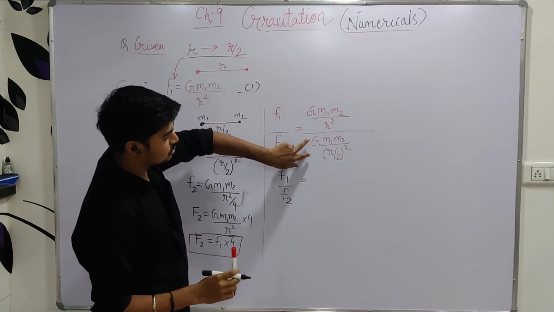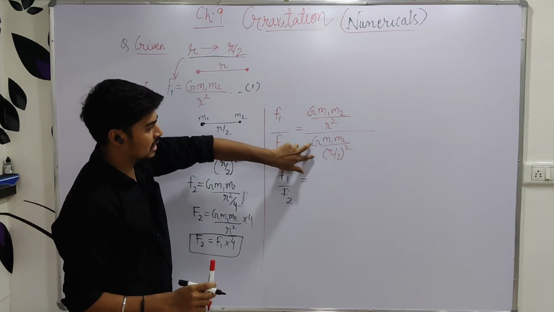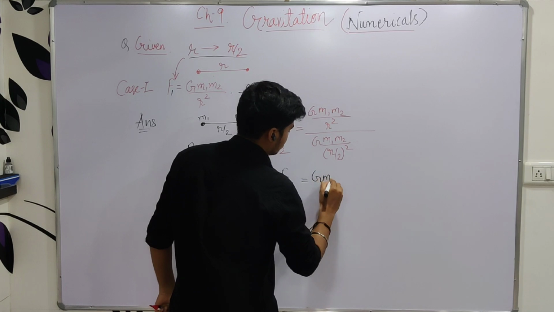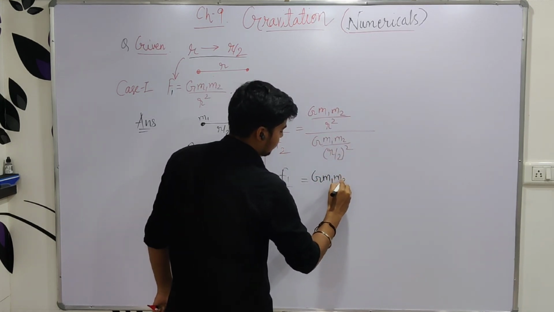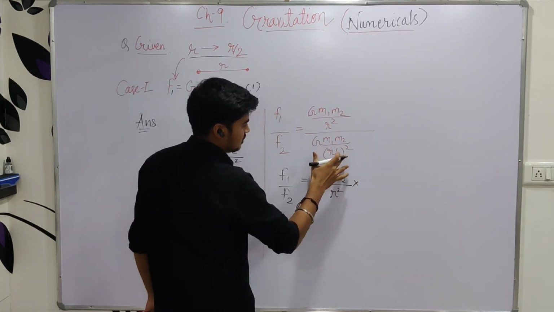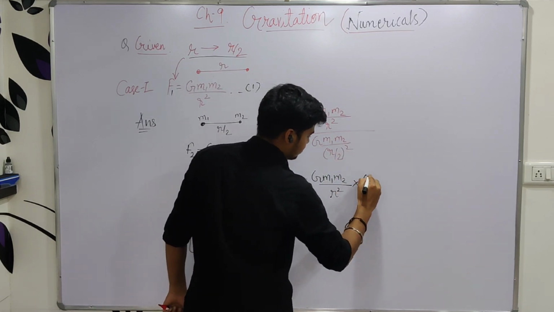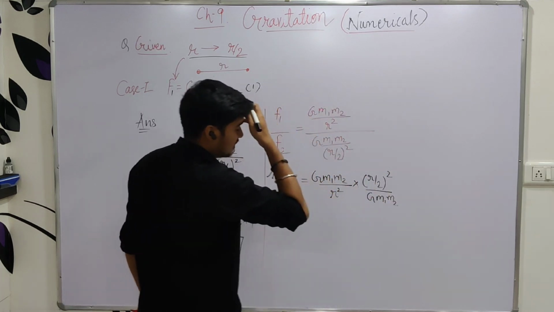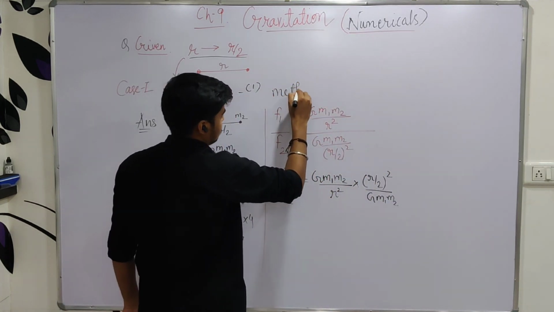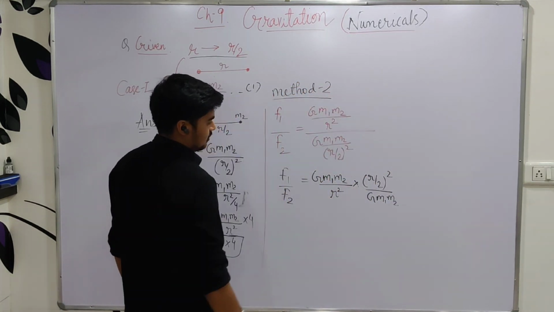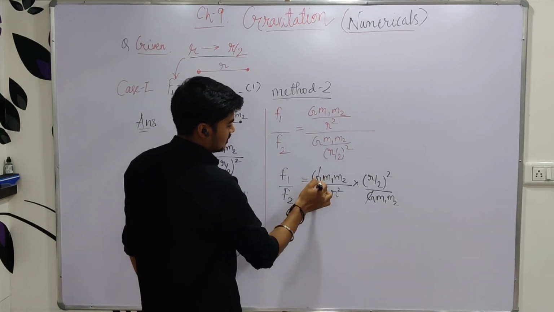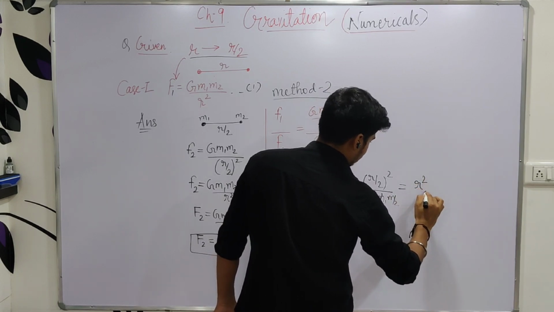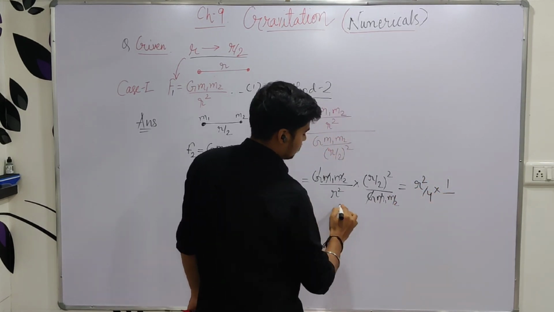Okay, when this goes to multiplication, the r by 2 will be upward and G m1 m2 will be the denominator. So like this, I am writing the upper part. Now this denominator will be reversed, r by 2 whole square upon G m1 m2. Method number 2 is easy because G and G cancel, m1, m2 cancel. Also we can write r square by 4 into 1 upon this r square.